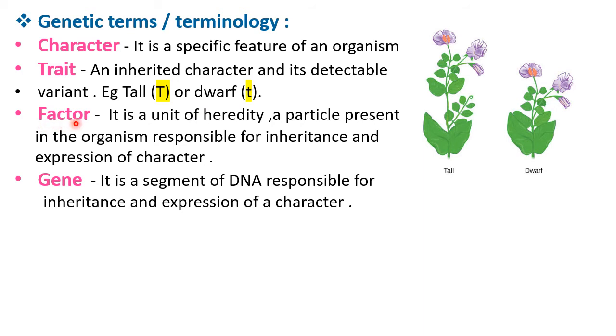Now the third term is called factor. Factor is one of the units of heredity. You have studied that heredity means some substance or a particle present in an organism responsible for inheritance and expression of a character, transferred from one generation to another generation, and due to this factor or particle, particular characters are developed in an organism.